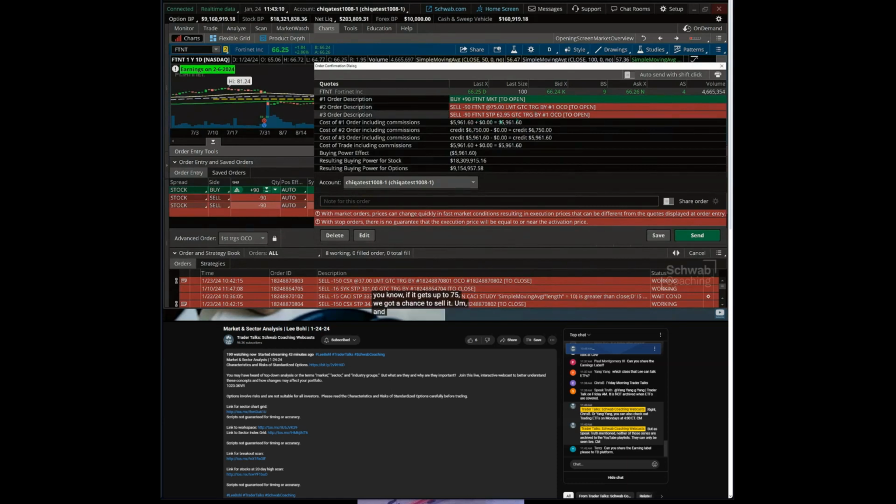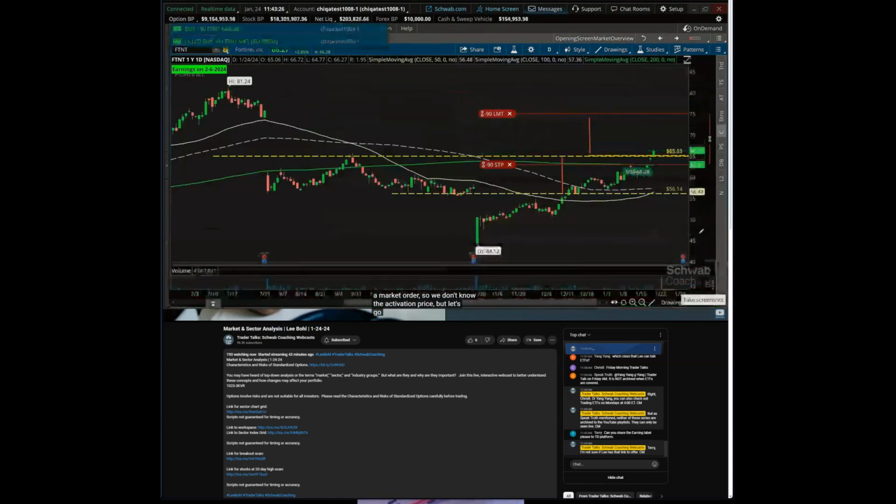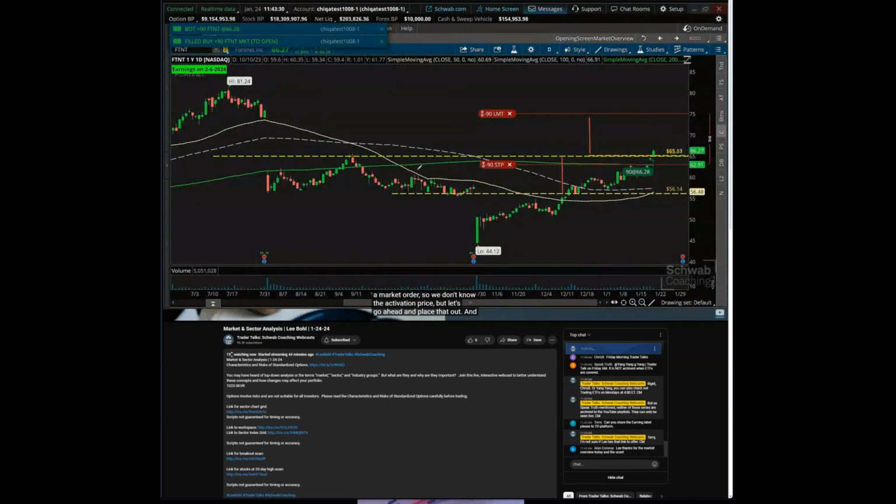And then if it drops to 62.95, we have a market order in to sell it. So will we get that? We don't know, right? It's a market order. So we don't know the activation price. But let's go ahead and place that. And now we have a little trade in Fortinet. All right. So there you go.